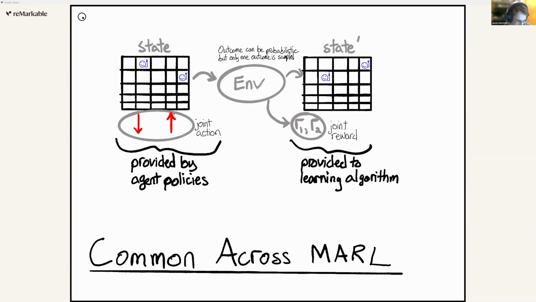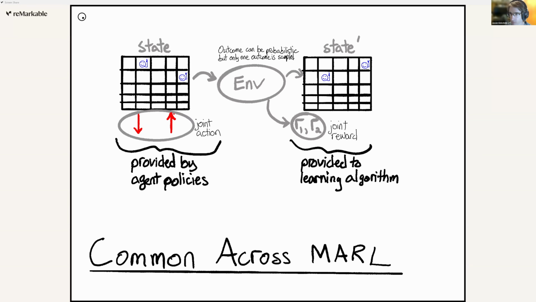In this case, it's just straightforward: based on the movement, it updates to a specific position. But in general, this transition doesn't have to be deterministic. But once we sample it, there's only one outcome that we actually get. Some learning algorithms could make use of all the different probabilities of outcomes, but oftentimes we just sample from this distribution and then get an update.